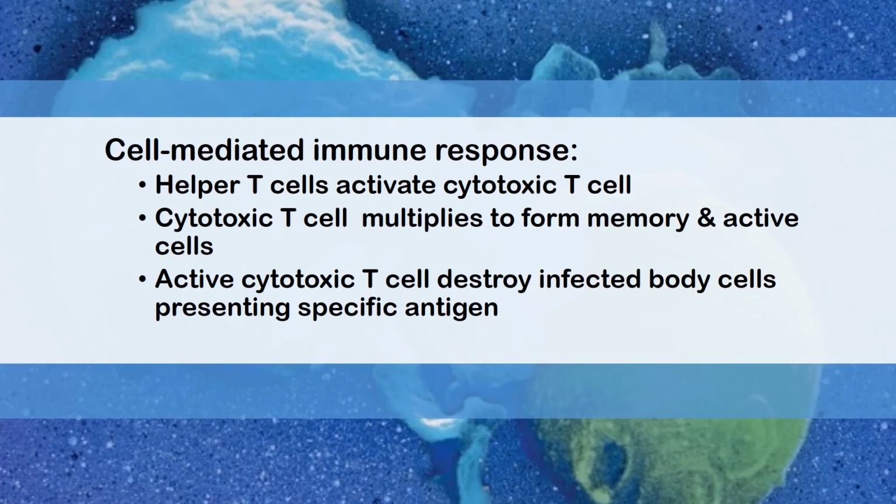The cell-mediated immune response involves the helper T cells again activating the cytotoxic T cells. In this case, those cytotoxic T cells will again multiply into memory and active forms, but then the active forms will go along seeking out cells that are displaying evidence of that infection.